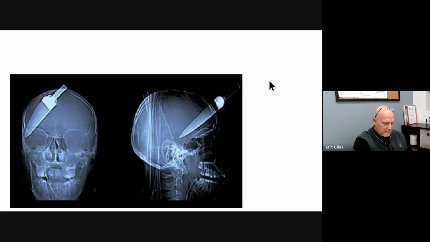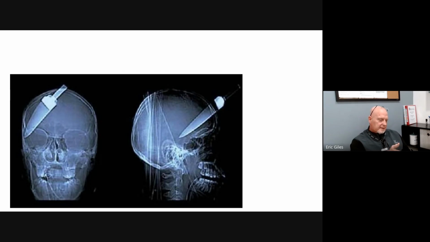All right, here's a stabbing victim. This actually illustrates the reason why we take two different views, say an AP or a PA and a lateral, because you look at the lateral picture and it looks like that knife is sticking right into that guy's head, right?